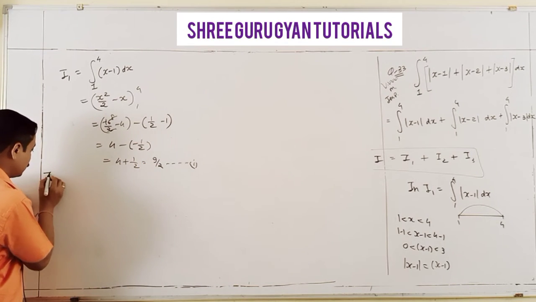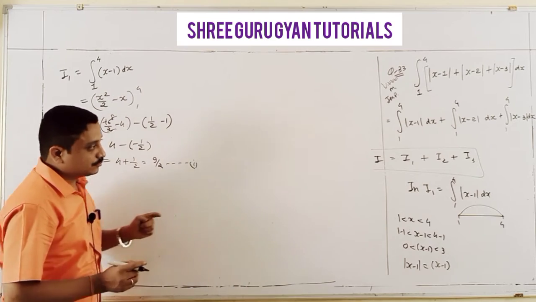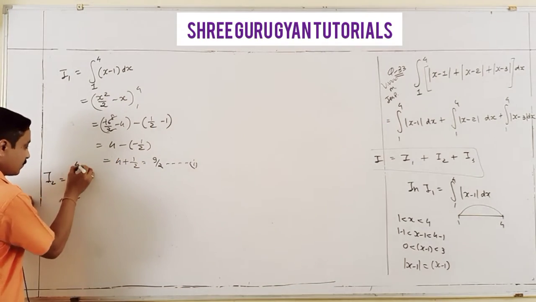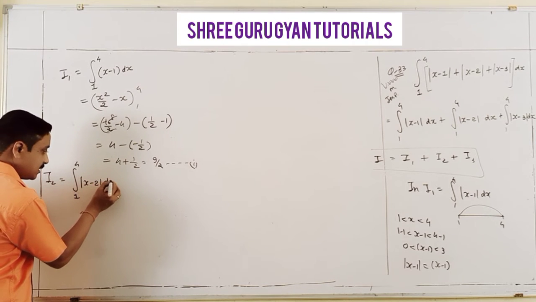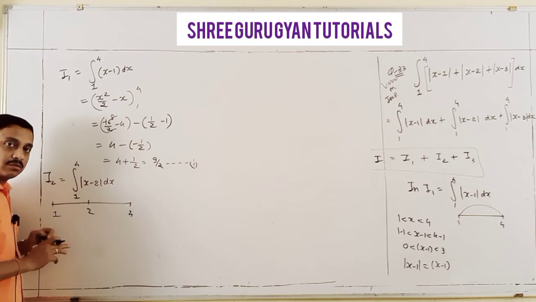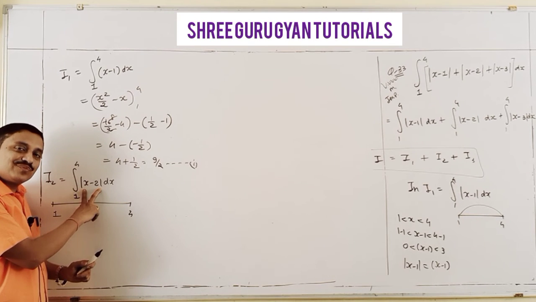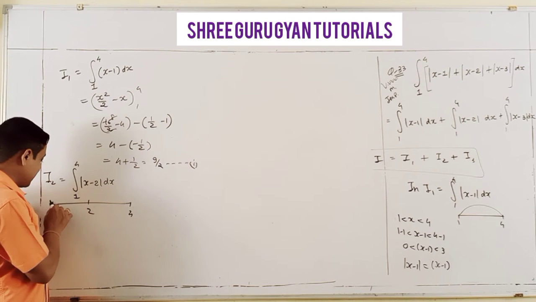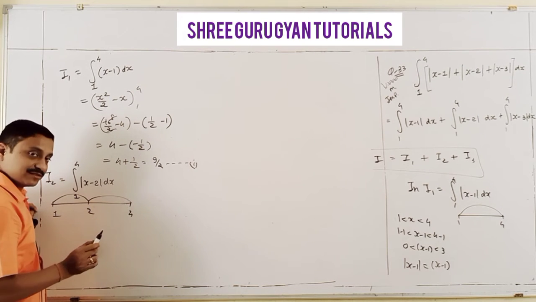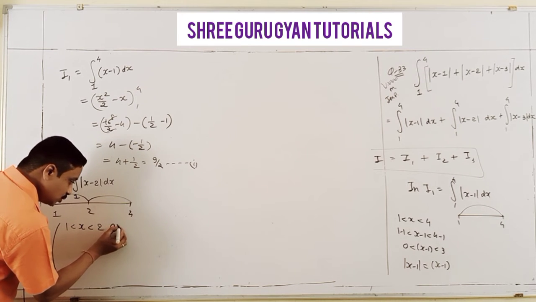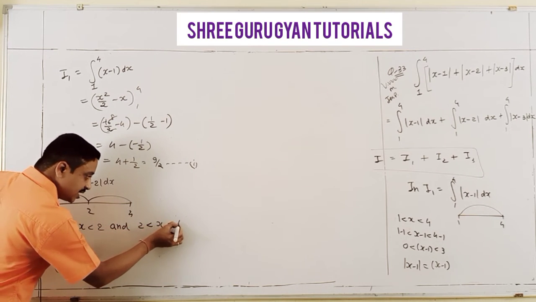Now, students, I2. What is your I2? 1 to 4, modulus x minus 2 dx. Here also 2 lies between 1 to 4, because x minus 2 equal to 0 gives x equal to 2. That is the first partition and this is the second partition. So 1 less than x less than 2, and 2 less than x less than 4.